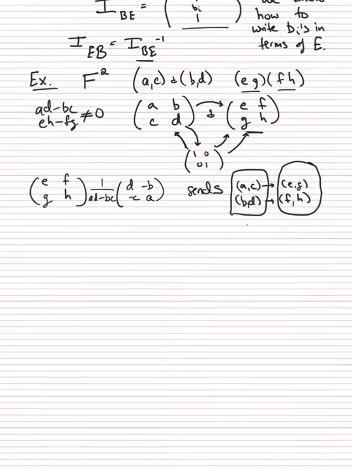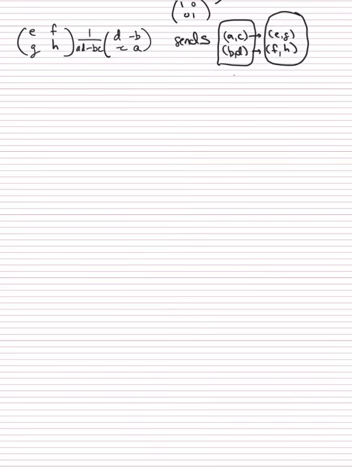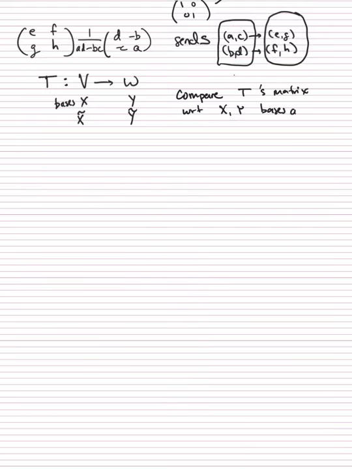Now what we want to do with these transition matrices is we're going to have T going from V to W. We have bases X and X tilde here, Y and Y tilde here, and what we would like to do is compare T's matrix with respect to the XY bases and the X tilde Y tilde bases.